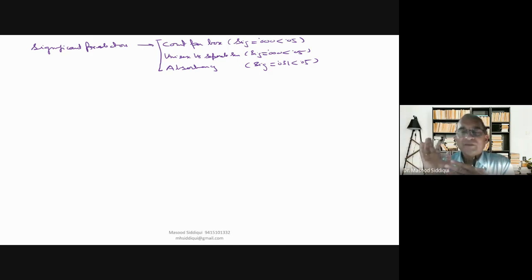Here we have a big F value. We have a significant ANOVA. R square is relatively very high, 73% is very high for a market research problem. But only 3 of the 9 predictors come out to be significant, right? It means only 33% of the predictors come out to be significant.